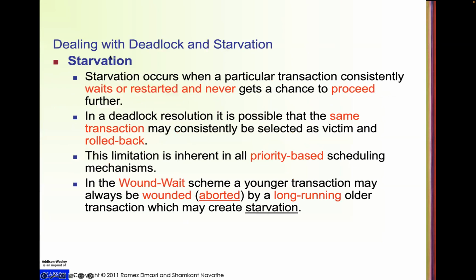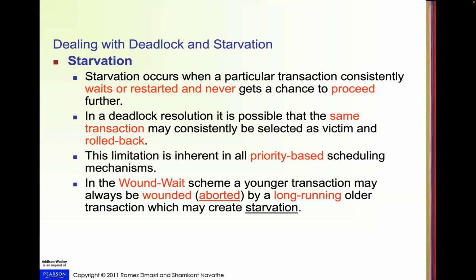Starvation. Now, what do we mean by starvation? Starvation means a transaction is waiting until data item X is released by transaction T2 so that it can start working on it. But starvation can happen if T1 is waiting for X forever or for a long time and T2 is not releasing it.